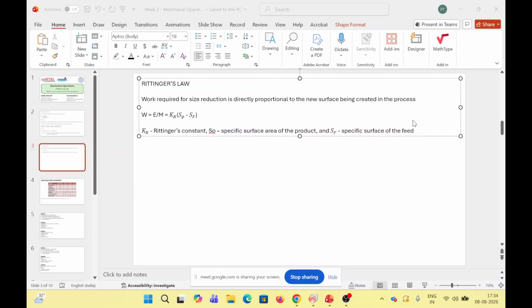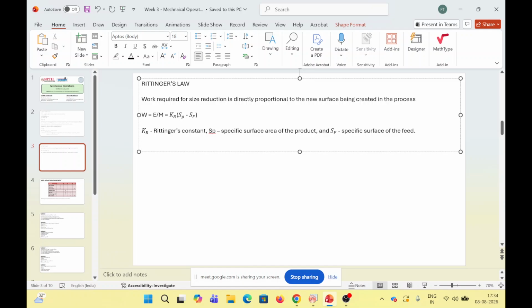Now, since it talks about the specific surface of the product and the feed, and we don't know the values, we try to express S_P and S_F in terms of known parameters. What is known to us is the diameter of the product as well as that of the feed. If we express the specific surface of the feed and the product in terms of diameter, then our work will be much simpler.